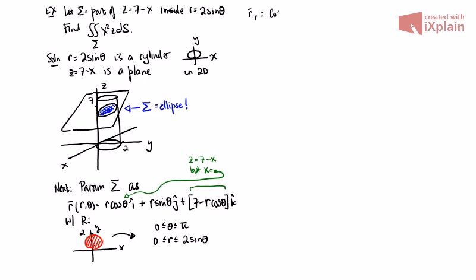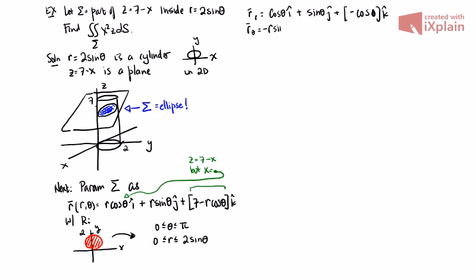So we get cosine theta i, because theta is the constant, plus sine theta j, plus, and this derivative with respect to r is negative cosine theta k. Then we do it with respect to theta. This is a little icky because we have some negatives that show up, and the r remains because that's a coefficient.